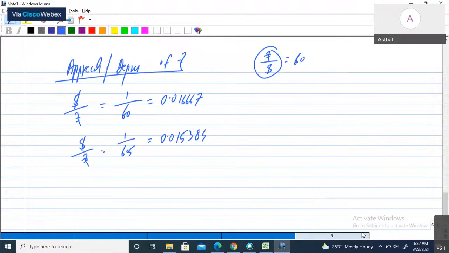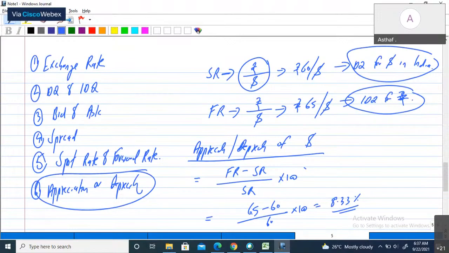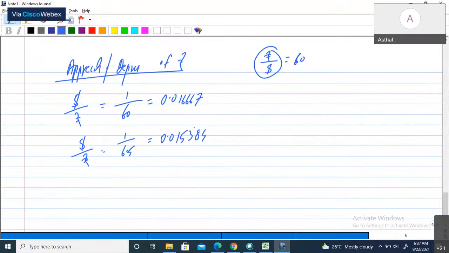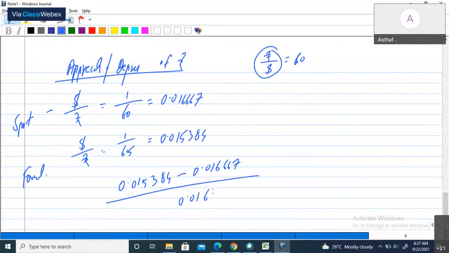So now you can apply this formula: forward rate minus spot rate, divided by spot rate. This is your spot and this is your forward. So 0.015384 minus 0.0167, divided by 0.0167, into 100.